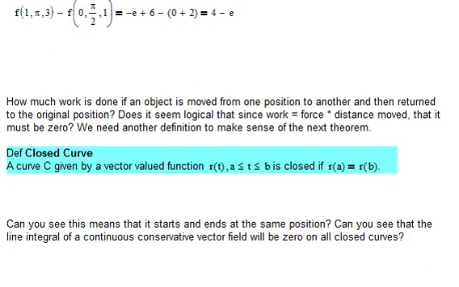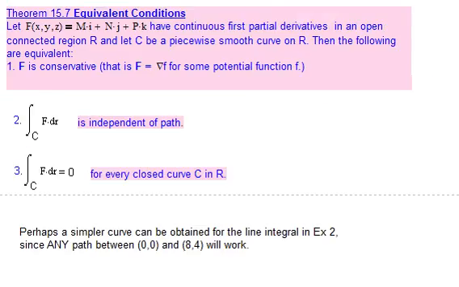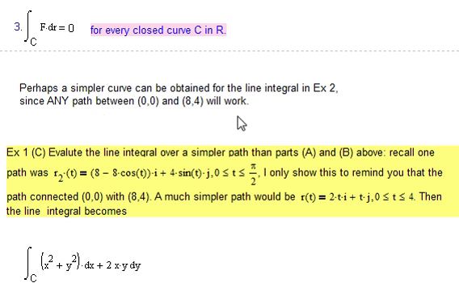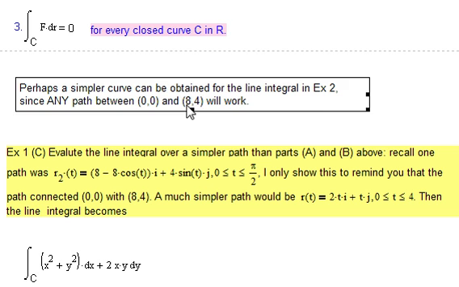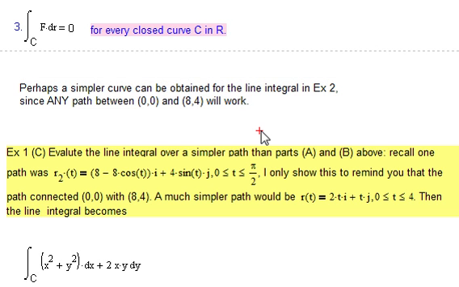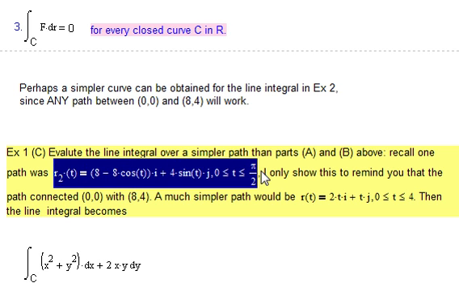So perhaps any path between 0, 0 and 8, 4 will work. And the answer is, yes, any path will give you the same result. So evaluate the line integral over a simpler path in parts A and B above. Recall, one path was this one, and we got a horrible integral. One path was t cubed i plus t squared j.